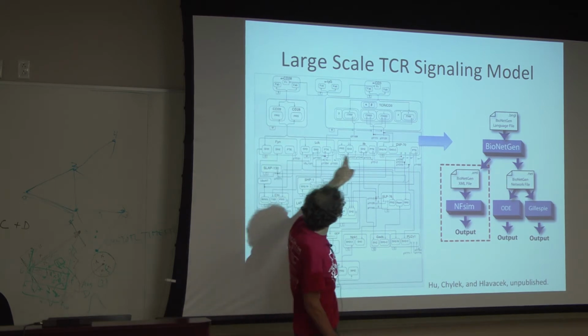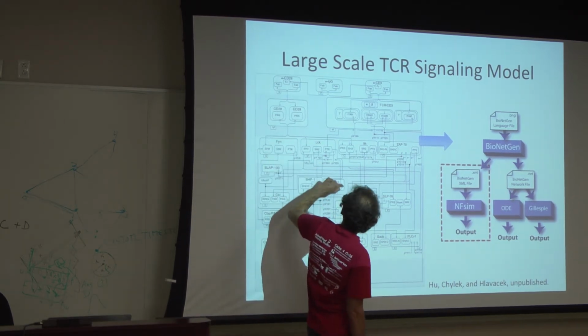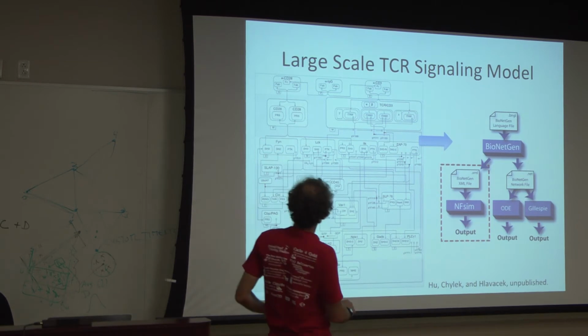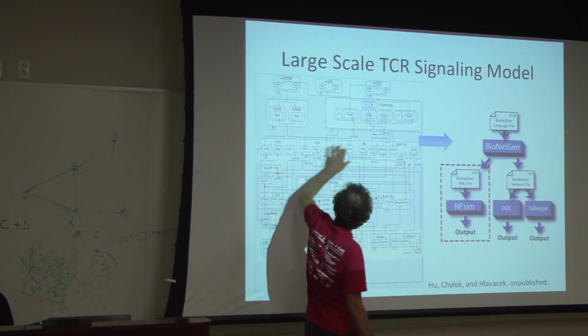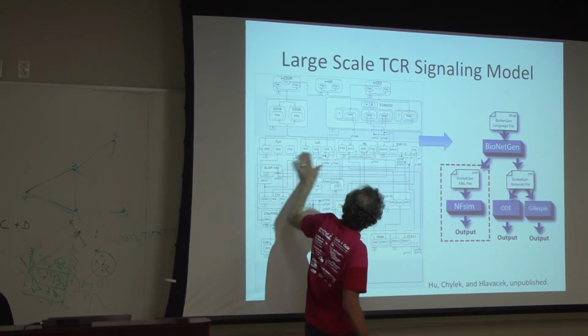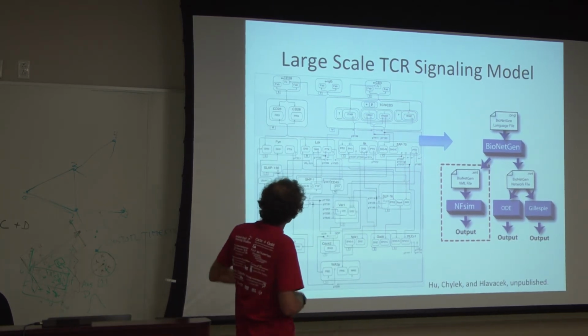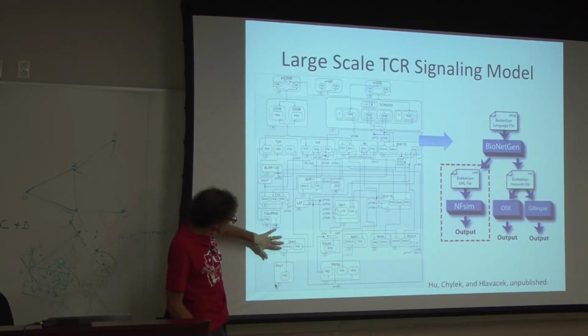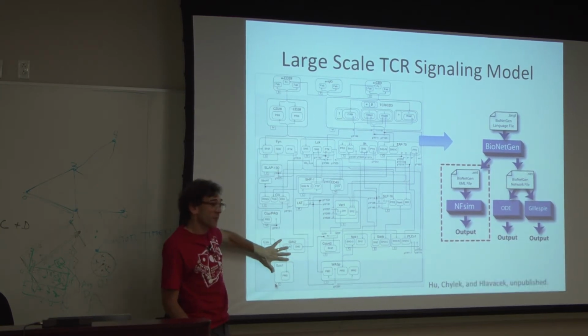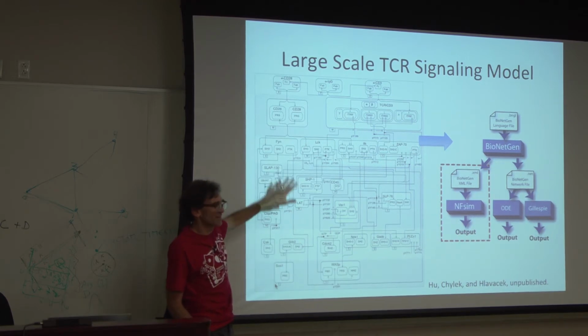Wait a minute, where did the receptor go? I have to take a step back here. This is the receptor, and this is the initiating kinase. This is the first layer of kinases that respond. What's represented here are all of the proteins that are known to become phosphorylated in the first 60 seconds after you stimulate the T cell receptor.